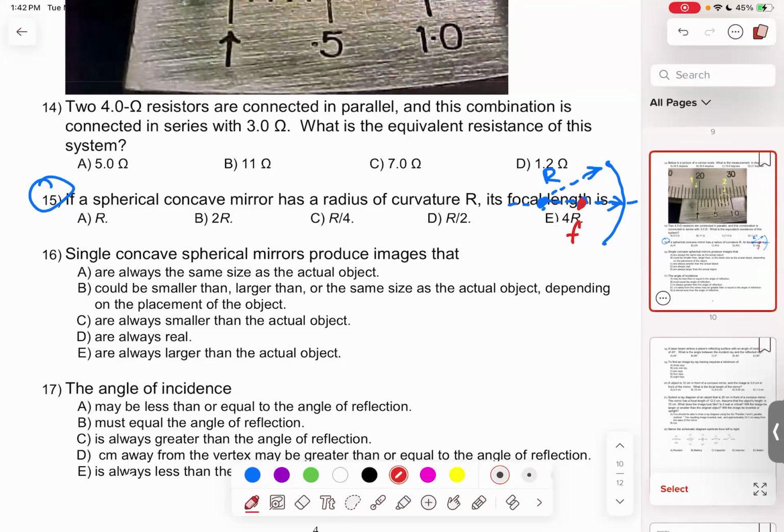So the focal length is just half of R, okay? So if I give you a ray diagram, or if I give you a concave mirror, and let's just say I put the center at 8 millimeters, you should know that the focus is going to be at 4 millimeters, and vice versa, okay?